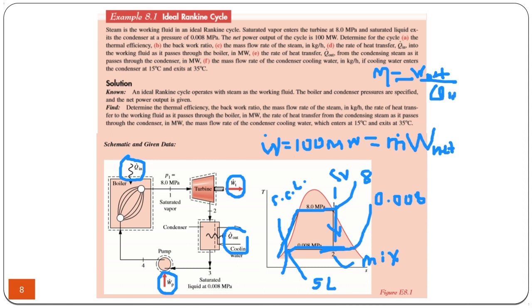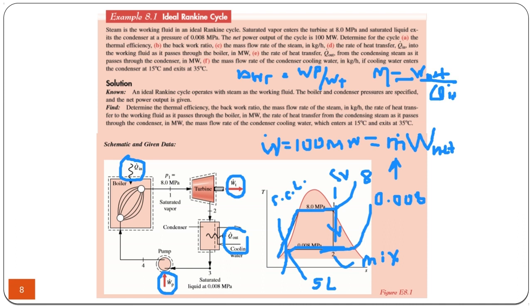The second part is asking the back work ratio. So back work ratio is pump work divided by turbine work. The third part, mass flow rate of the steam, which is this. Then the rate of heat transfer into the working fluid as it passes through the boiler, so Q in, this.